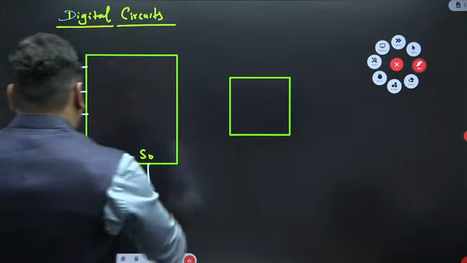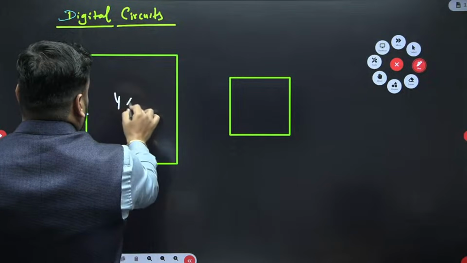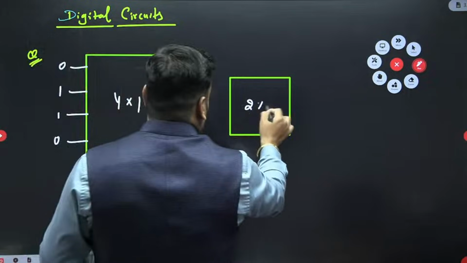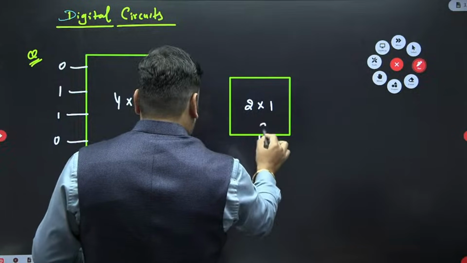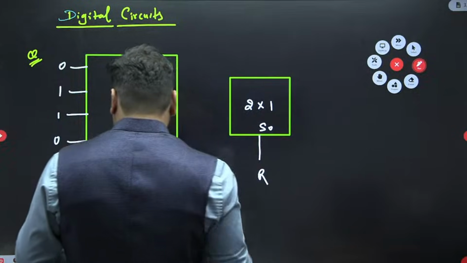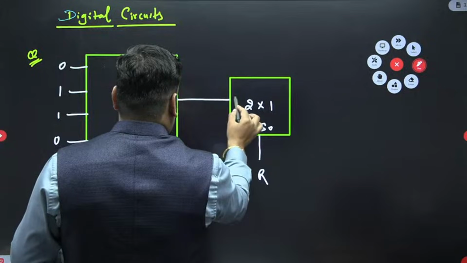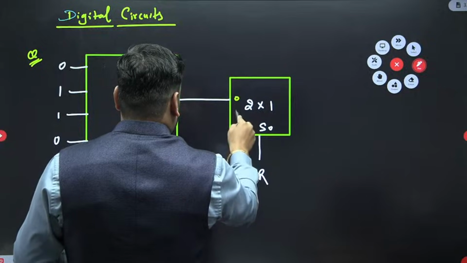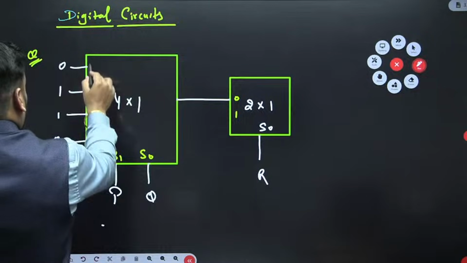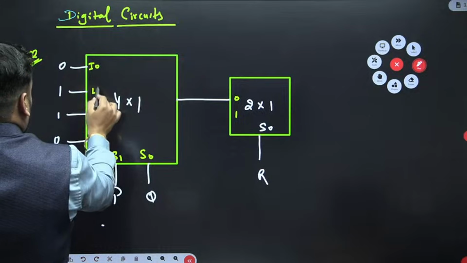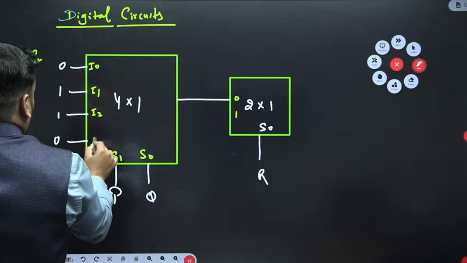This is of course the 4 cross 1 mux, and here we have a 2 cross 1 mux. Here we have the input R, and this output is connecting here. This is 0, this is 1, and this is I0, I1, I2, I3, like this.